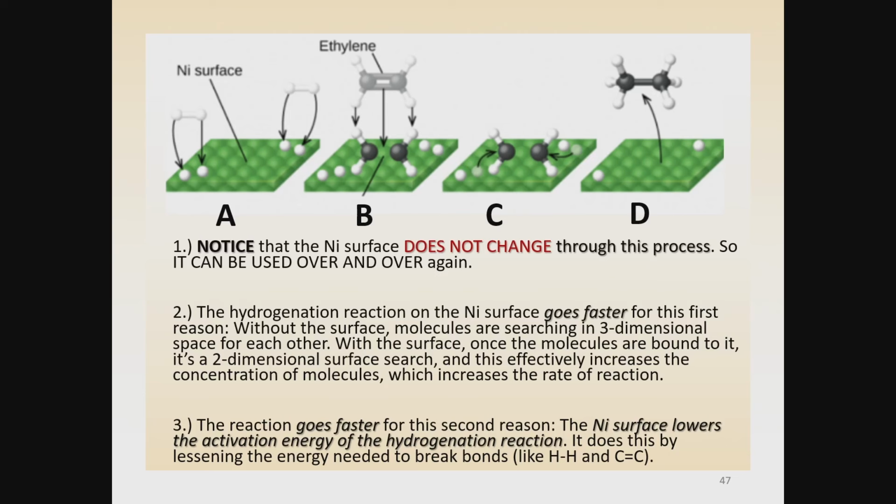So what is likely going on here is that when the catalyst offers a surface to the diatomic hydrogen molecule and the ethylene molecule, and these molecules bind to it, what is probably happening is that once those molecules are bound to the surface, it doesn't take as much energy to break those bonds and release the atoms compared to if you didn't have that surface there. If that occurs, then you're going to lower the activation energy for this chemical reaction. And when you do that, the reaction will go faster.